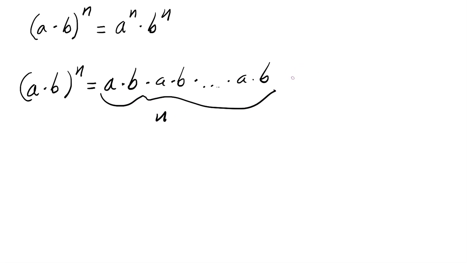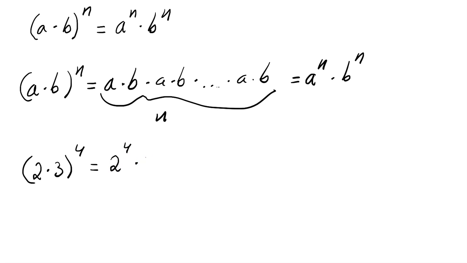So how many a's do we have? Yeah, well, of course we have n. So this is a raised to the power n. How many b? Yeah, also n. And this is just this rule here. So for example, 2 multiplied by 3 raised to the power of 4. So this is 2 raised to the power of 4 times 3 raised to the power of 4.